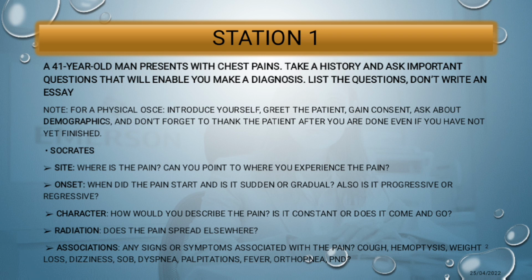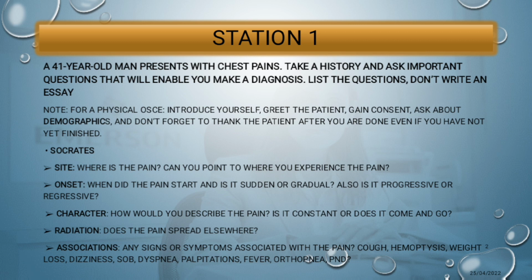So if they don't know what you are talking about, you can say, do you have any cough, hemoptysis or weight loss, dizziness, shortness of breath, dyspnea, palpitations, fever, orthopnea, PND. So you point them toward the questions you think are associated with the chest pains.